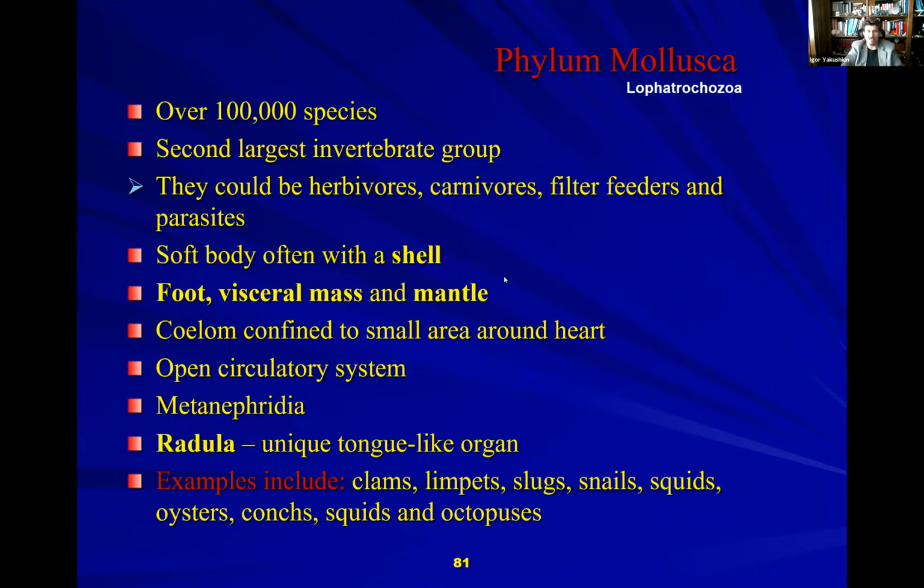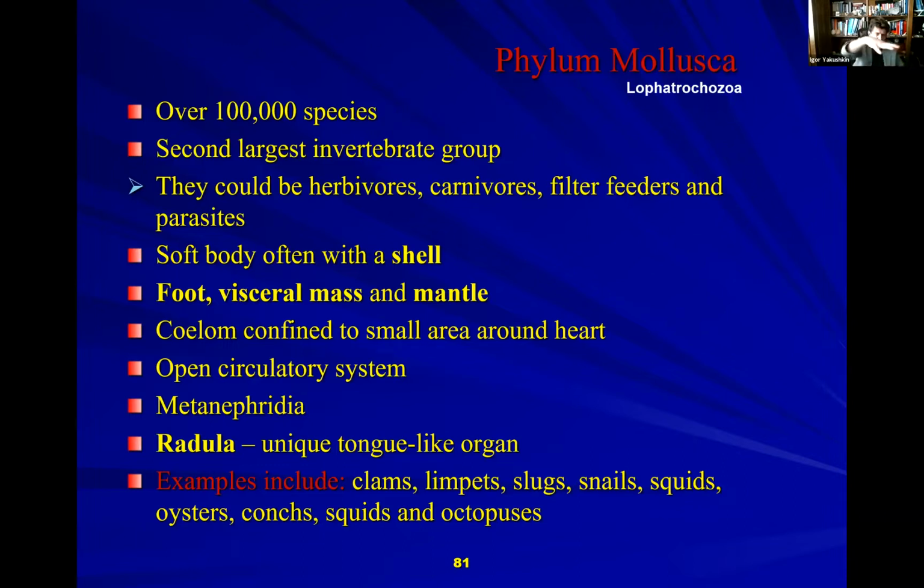Generally, the structure of the body can be subdivided into three major parts. The foot, the muscular organ, then the mantle. Think about it, and I'll show you momentarily a picture of the snail.